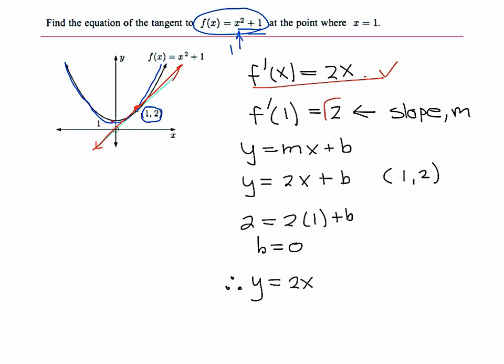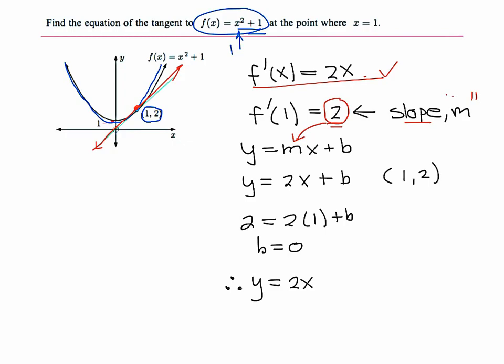So simply we get a 2. This is a problem from chapter 15. Now, we want to find the equation of the tangent, so simply using y is equal to mx plus b, the 2 turns out to be the slope m, so we plug in the value of 2 for the m.